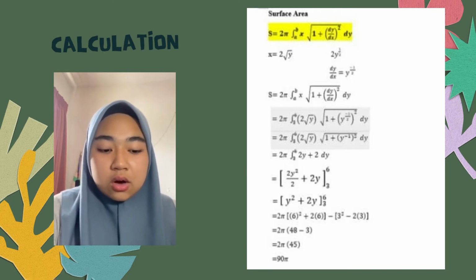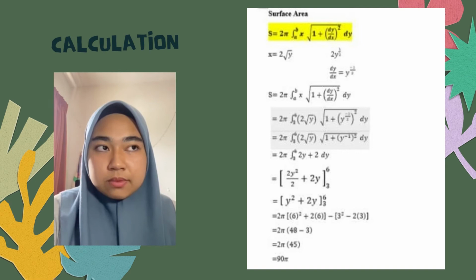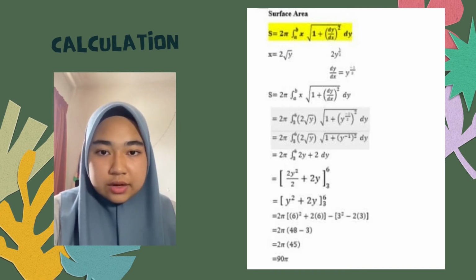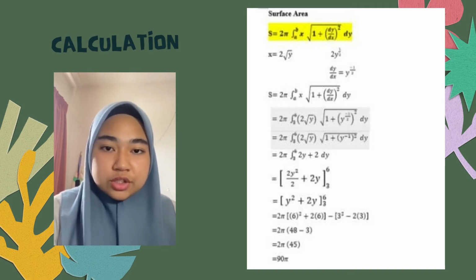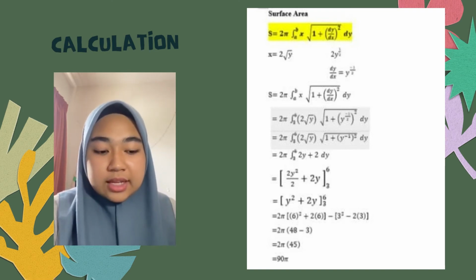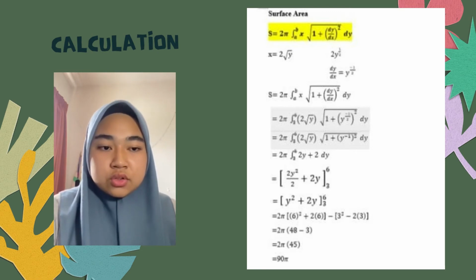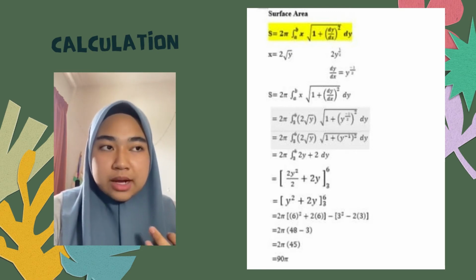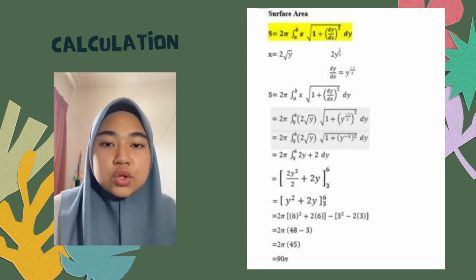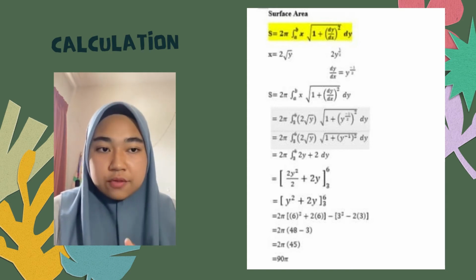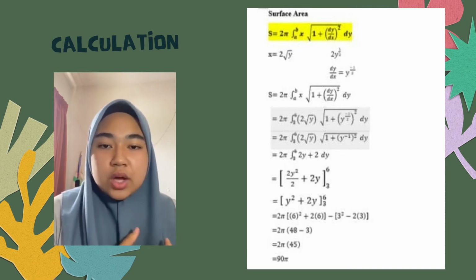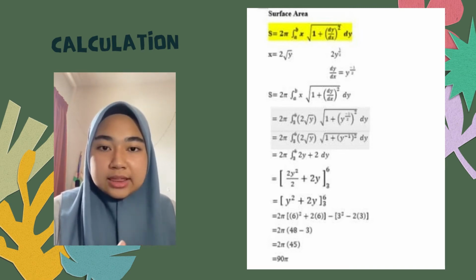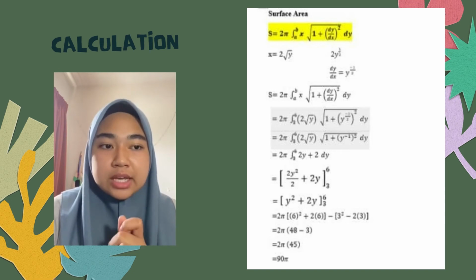Why? Because for the surface area formula, it is a part that you have to differentiate the x equation. It is easier for me when I differentiate the x equation first, and then I just substitute it into the formula. So my calculation steps are: first, find the x equation from the y equation. Next, differentiate the x equation, and then substitute both of them into the formula.